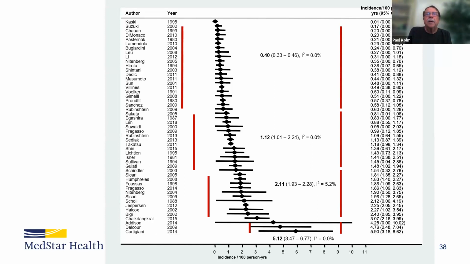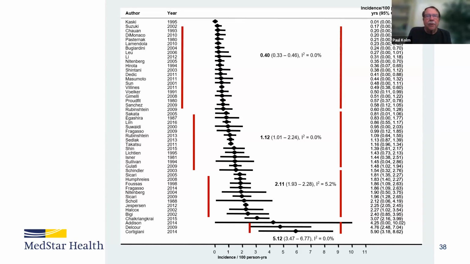So here's a number of studies where the estimated effect size was 0.4 with the confidence interval, with an I-squared of 0. Then there's a group where it's a little greater than 1, but also the I-squared is 0.